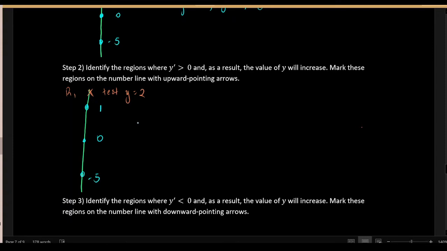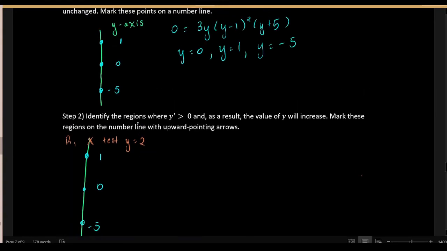Let's see what the sign of y prime would be at this location. If y is equal to 2, and I plug that into our differential equation, I get y prime is equal to 3 times 2, times 2 minus 1 squared, times 2 plus 5. This is a product of positive numbers, so y prime would be greater than 0 in this region.